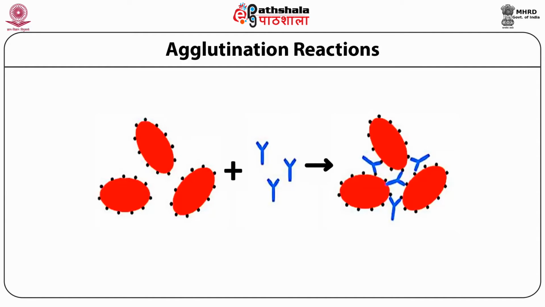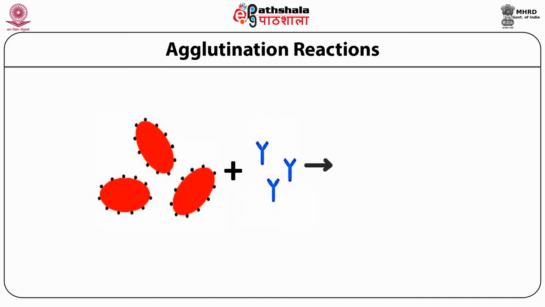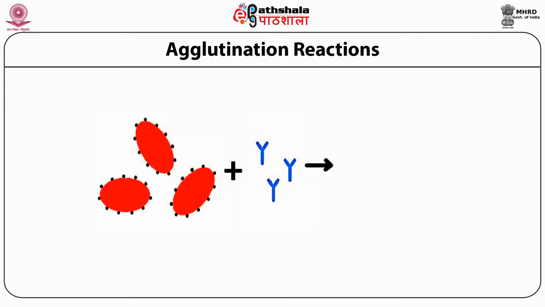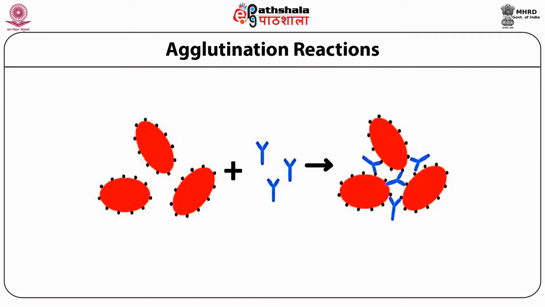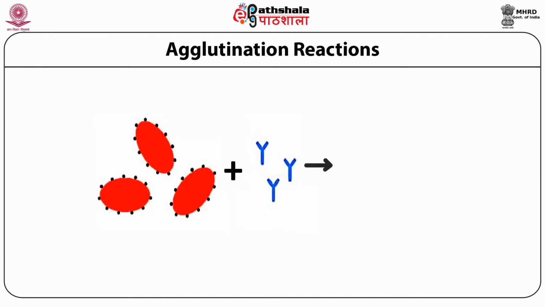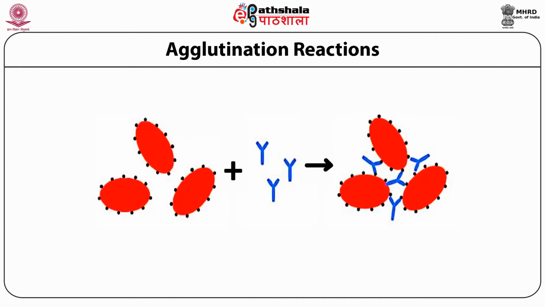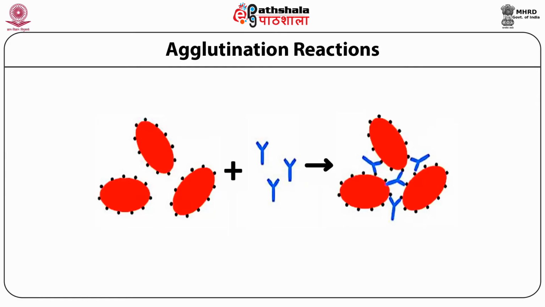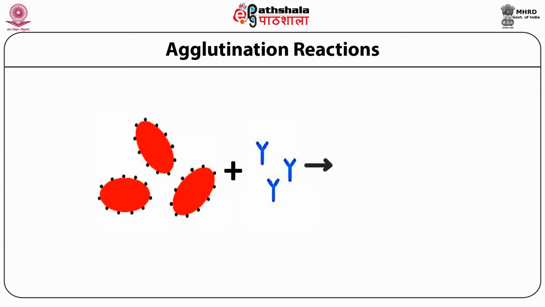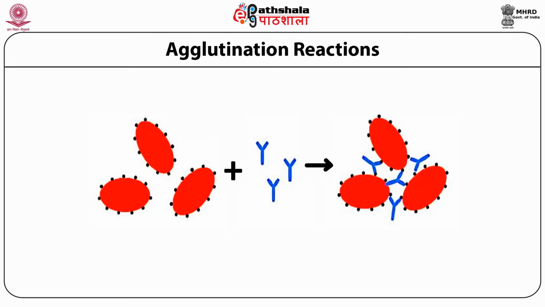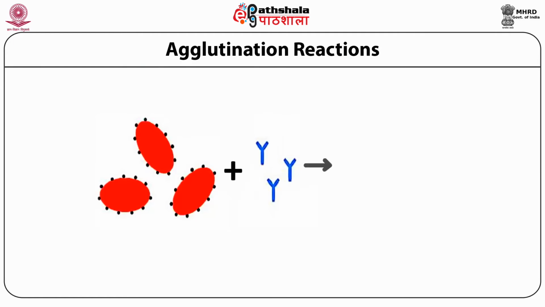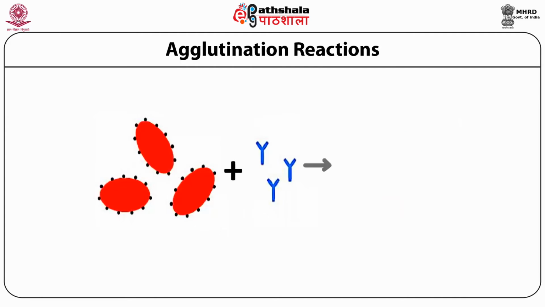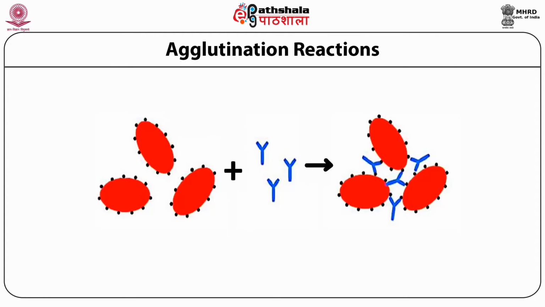As we mentioned, these agglutination tests are not completely quantitative, but they are sensitive enough to detect antibody concentrations as low as 0.001 microgram per ml of the serum. These agglutination reactions are popular because they are simple, rapid, and provide a very sensitive method of identifying types of RBCs, bacteria, fungi, and other cells.